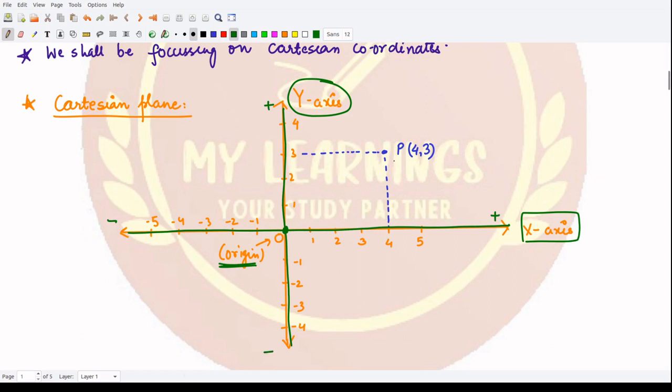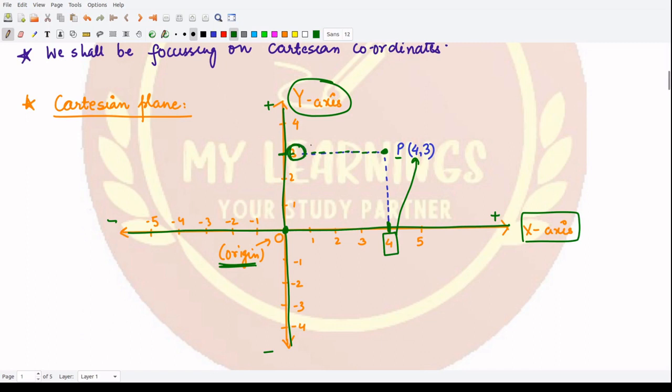Now if you want to locate the position of this point P, you draw a vertical line such that it cuts your x-axis. So you see at what point it cuts your x-axis? At 4. So this is your point, and the distance is 4. And if you draw a horizontal line parallel to the x-axis which cuts the y-axis at some point, what is this point?